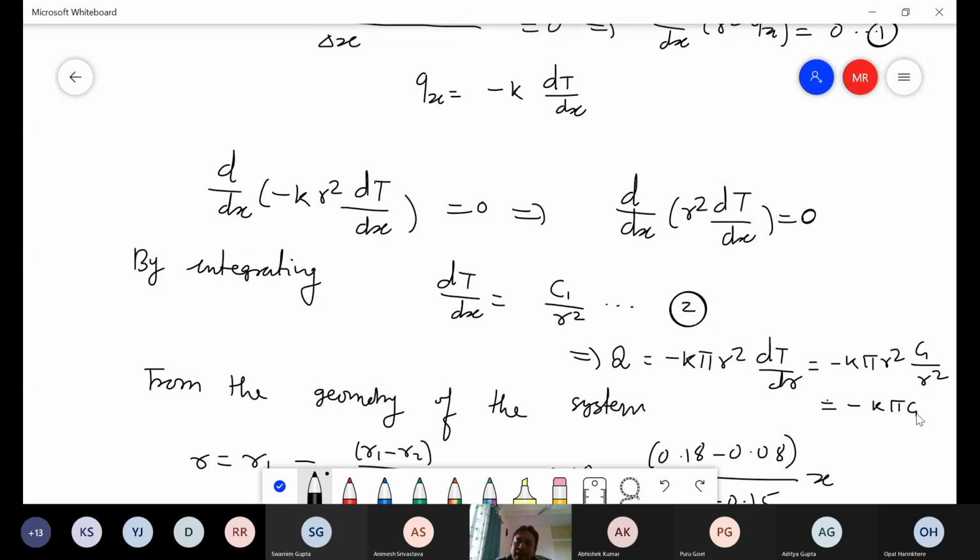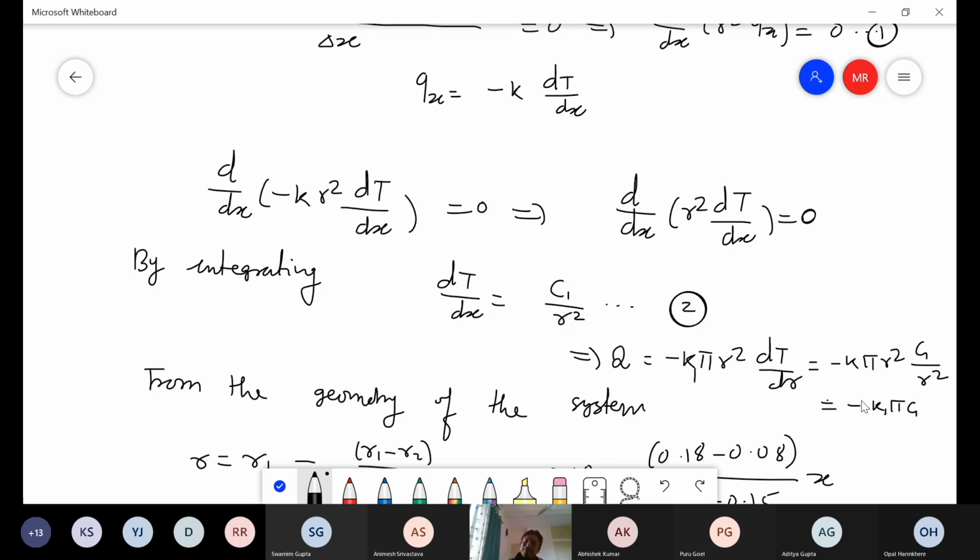In a similar manner, we can write down q, this is k1, sorry, in block 1, as minus k1 pi c1. And in block 2, this is minus k2 pi c3, so k1 c1 is the same as k2 c3.